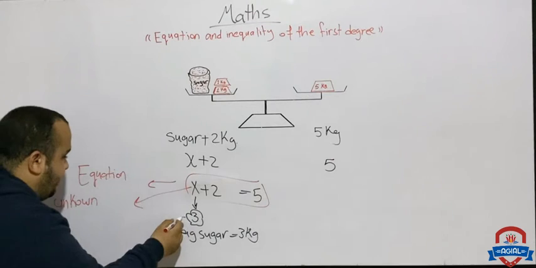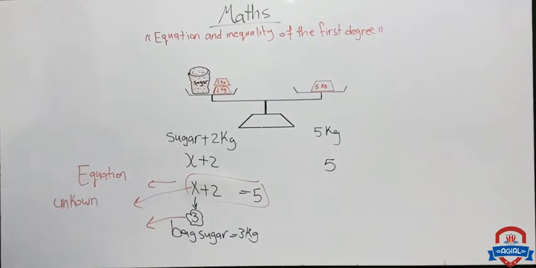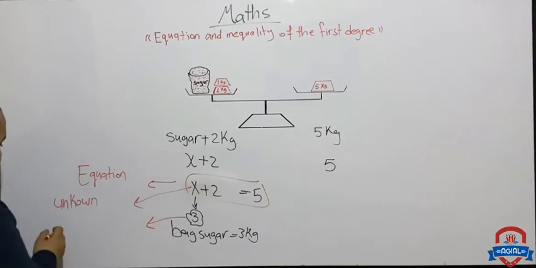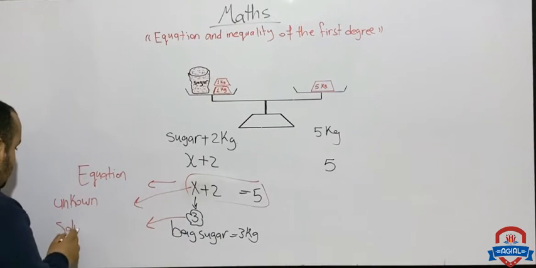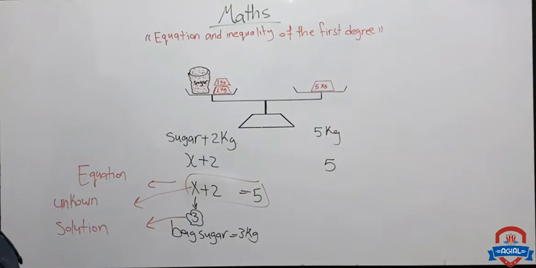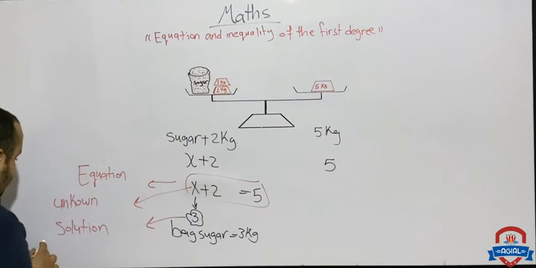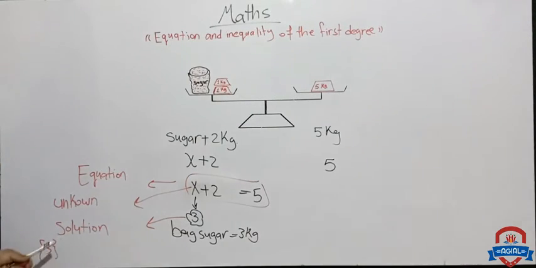And the number 3 in this equation is called the solution of the equation. And the set of number 3 is called the solution set.